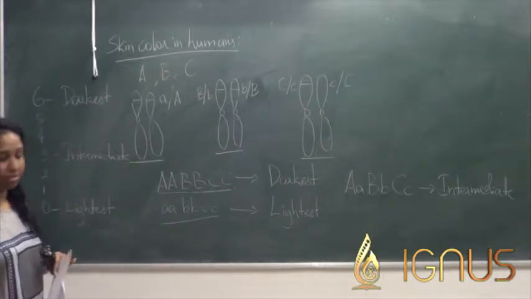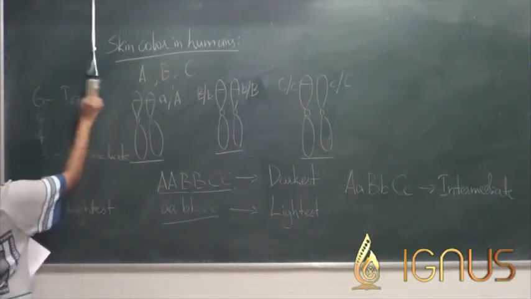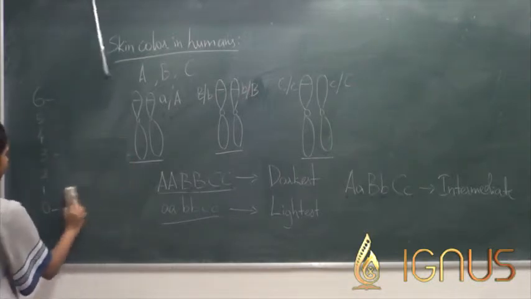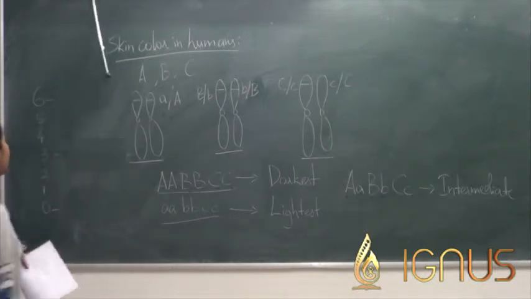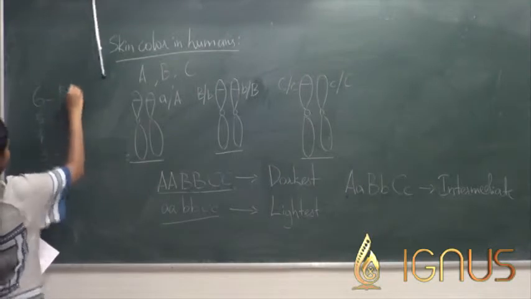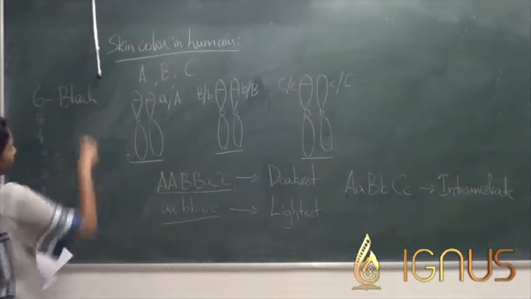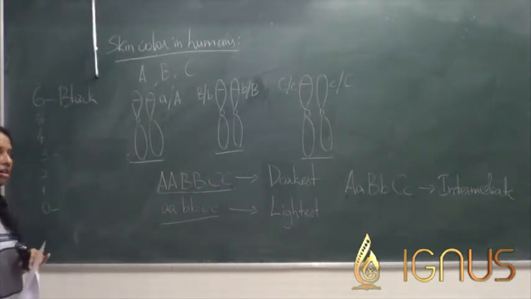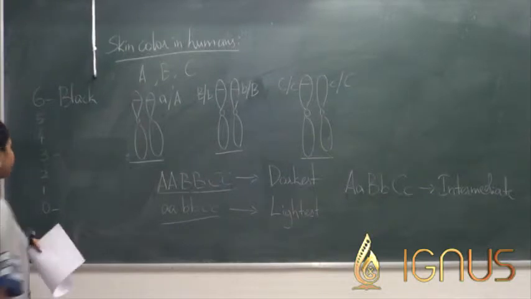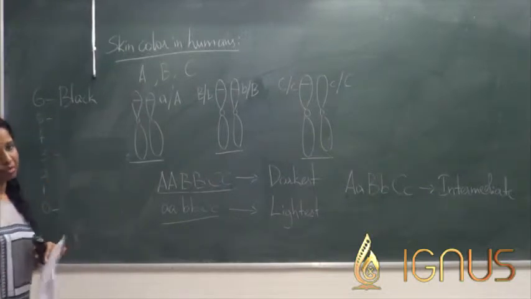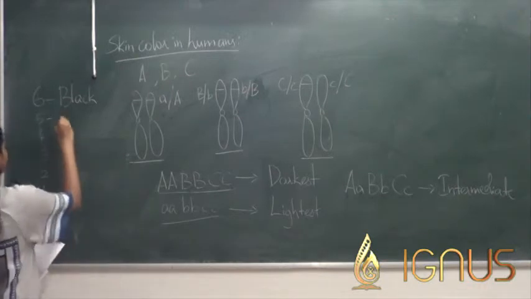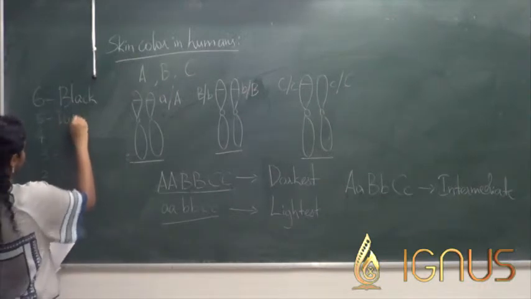Okay, we can for ourselves give names for the darkest, lightest and the intermediate. Let's say that the darkest skin color is going to be black, wherein all 6 alleles are dominant. If there are 5 of them which are dominant, then you are going to have, let's say, a dark brown.